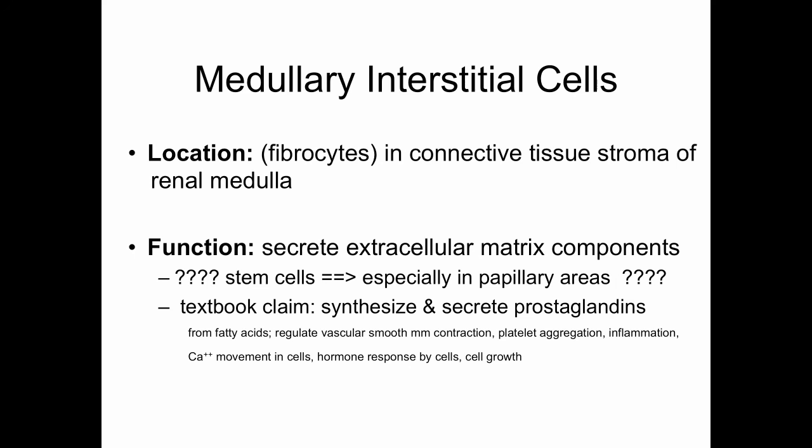They're in the connective tissue stroma of the renal medulla. These cells may secrete extracellular matrix components. They may function as stem cells, especially for structures in the papillary regions of the kidney. And some textbooks claim that these medullary interstitial cells synthesize and secrete prostaglandins. And I'm not going to hold you to that, but you may see that in some of your reading.